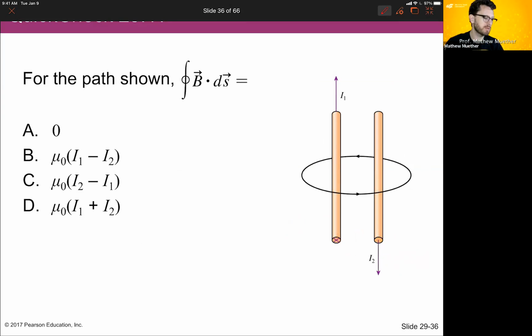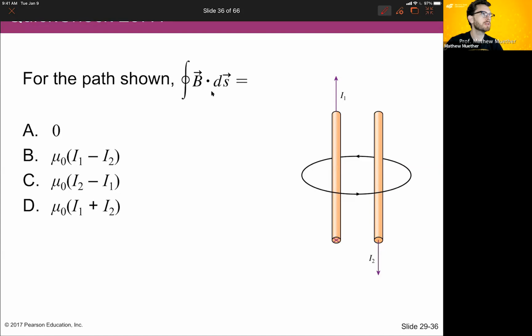Okay, what about this one? What's the value of this path integral going to be? All right, let's go ahead and end the poll.